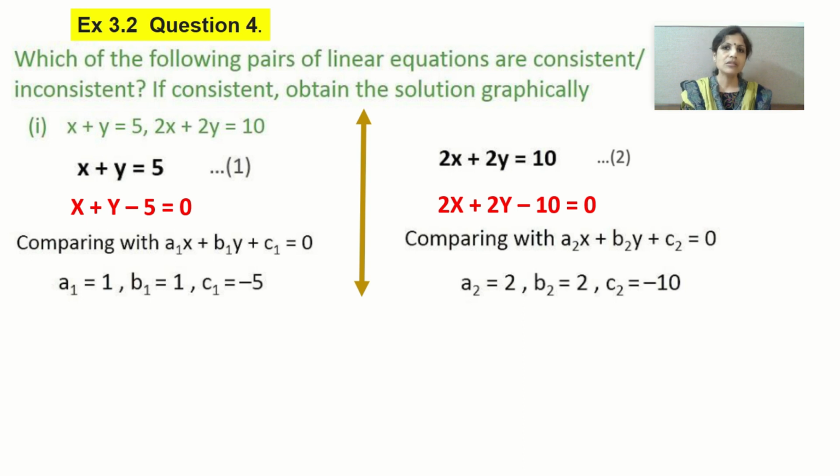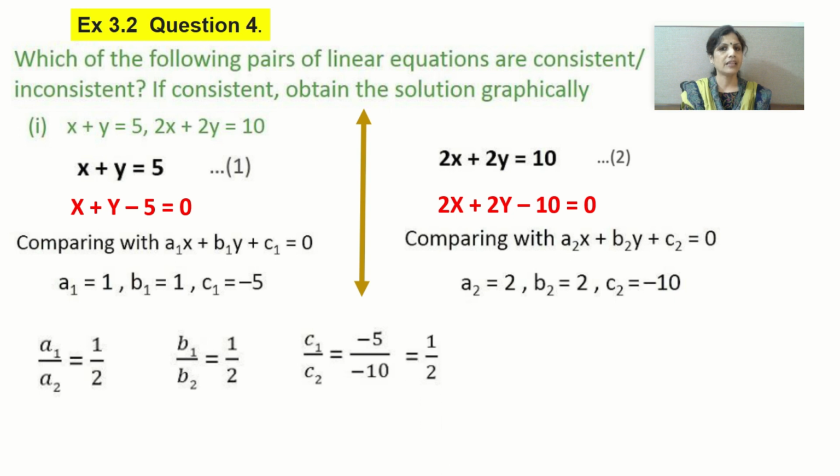Once you get the values, let's find out the ratios. So a1 upon a2 is equal to 1 by 2. b1 upon b2 is again 1 by 2, and c1 upon c2 is equal to minus 5 upon minus 10, and that is equal to 1 upon 2.